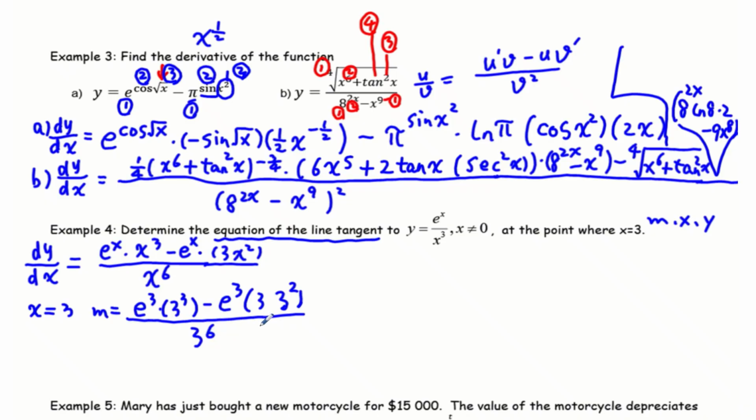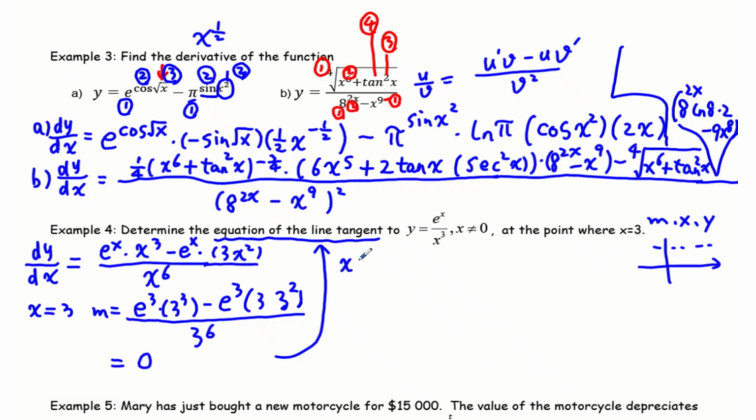Then these times together, you have 3 times 3 squared is 3 cubed. So you have e to the exponent 3 times 3 cubed minus e to the exponent 3 times 3 cubed, which is 0. They are the same. So the slope equals 0. It means you have a horizontal line. Then we want to find the y value.